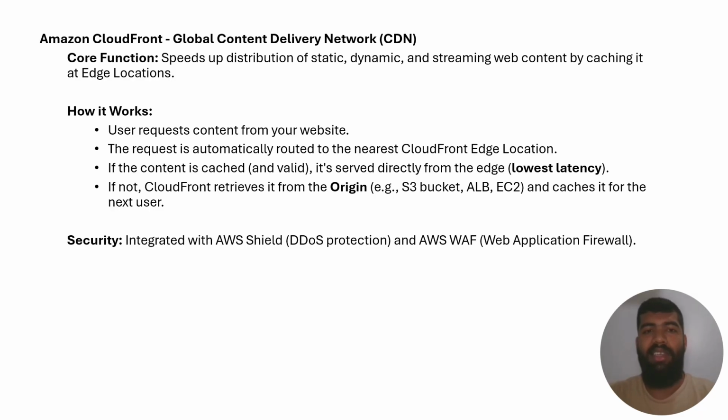If it's not cached there, CloudFront retrieves it from your origin, which could be an S3 bucket, an EC2 instance, or a load balancer, and then caches it at the edge for the next user. It's also secure, integrating directly with AWS Shield for DDoS protection and AWS WAF to filter malicious web traffic.